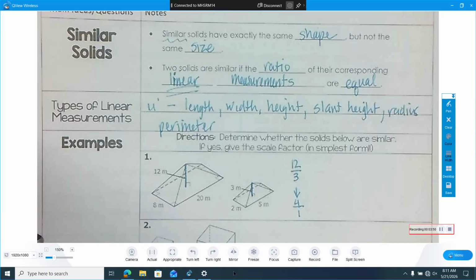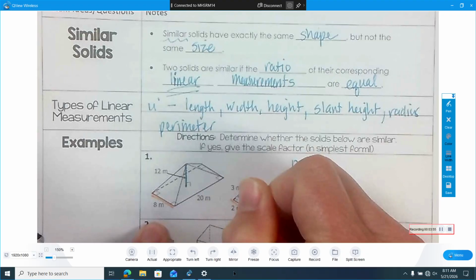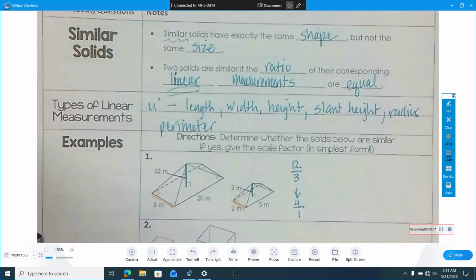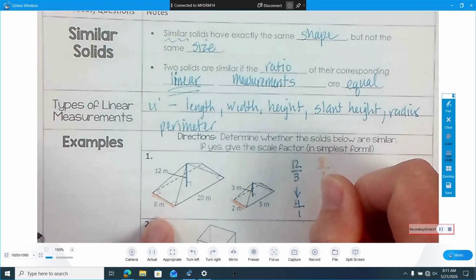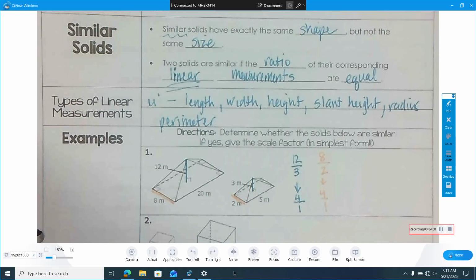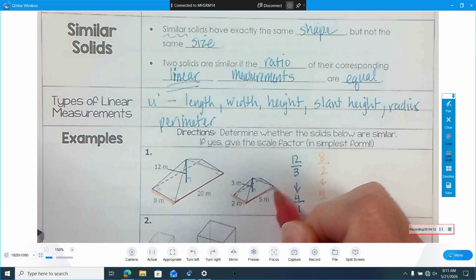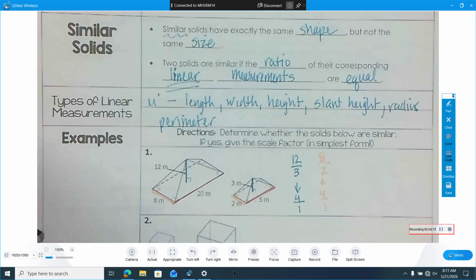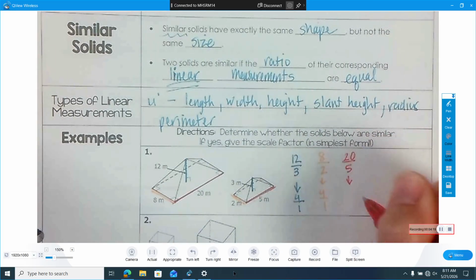Then I have this measurement compared to this one. Those are corresponding. That's 8 compared to 2, which reduces to 4 over 1 again. Then I have our length measurement compared to length measurement, 20 over 5, and that again reduces to 4 over 1.